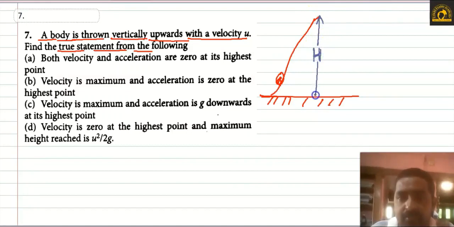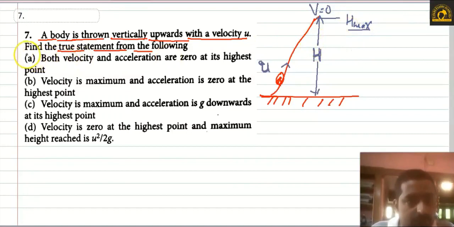It moves with initial velocity u, then its velocity decreases. The final velocity is equal to 0 when the height is maximum.